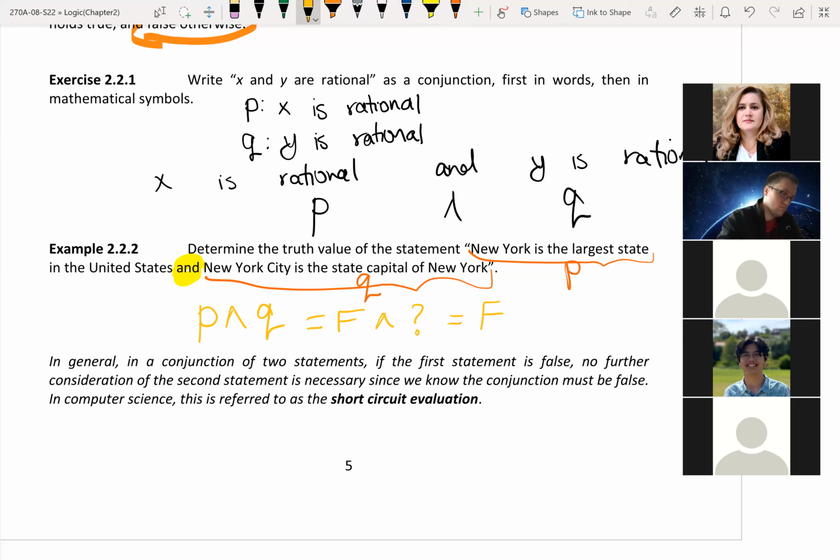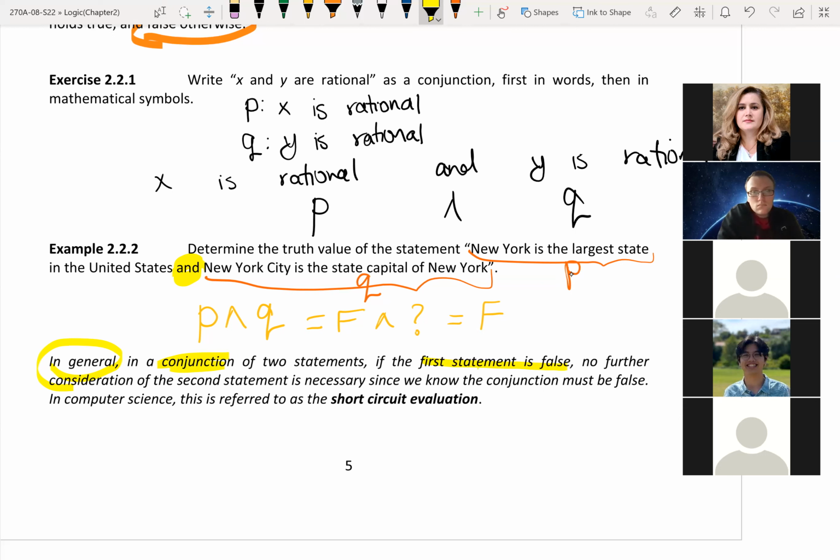That's what it's explaining right here. In general, if you're talking about an "and" or conjunction statement, as soon as you see one false, you don't need to worry about the rest, because false and anything is going to be false.